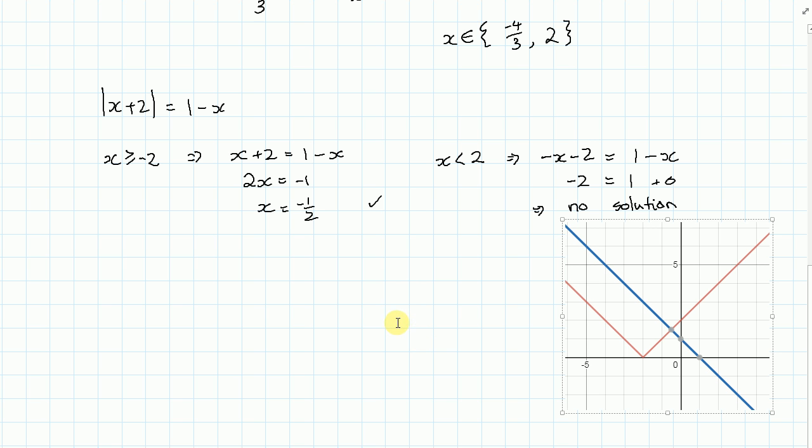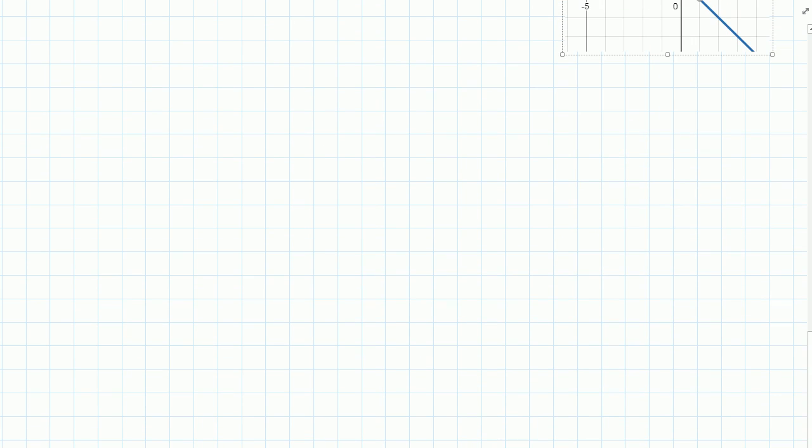Okay, so come on to another question. I'm going to do a couple of fairly quick ones, and hopefully one final one that will cover everything. I'm going to introduce two moduluses. We've got modulus 3x minus 1 equals 1 plus modulus x. And now you need to think, when does each modulus affect the situation?